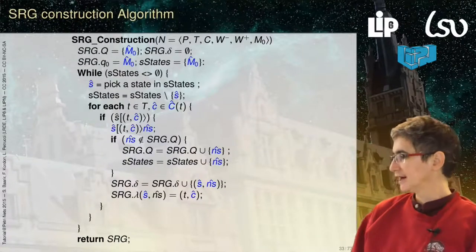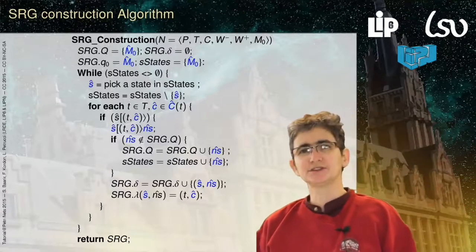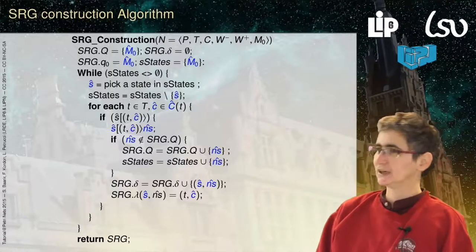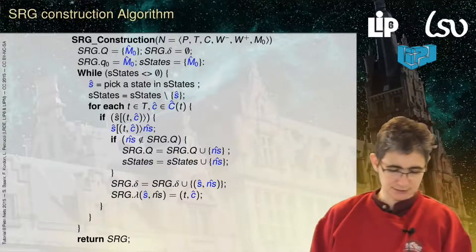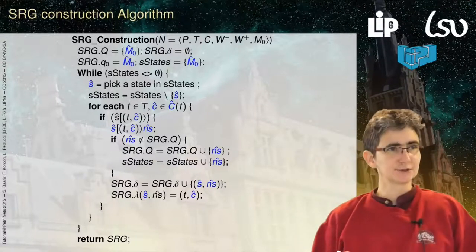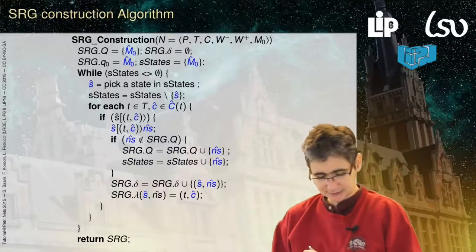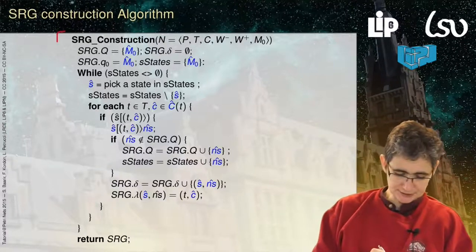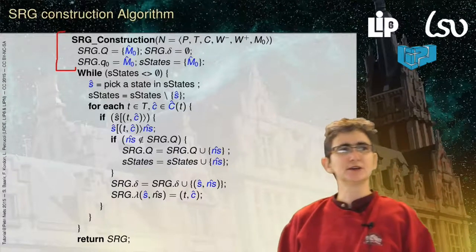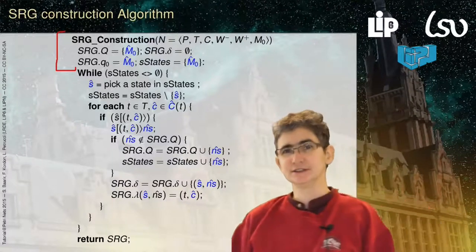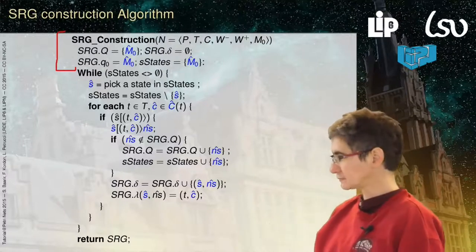Okay. As you can see, the symbolic reachability graph construction algorithm is very similar to the reachability graph construction algorithm. So you start from a symmetric net, and you first have an initialization phase where the only marking that you know is the initial marking.